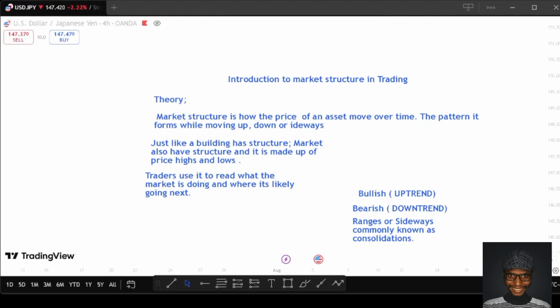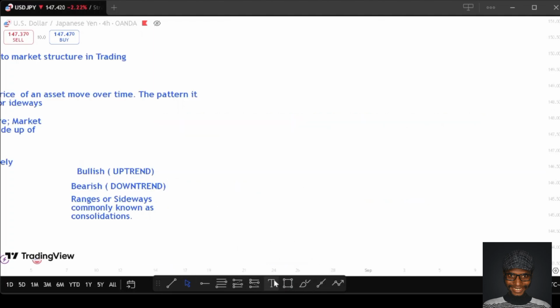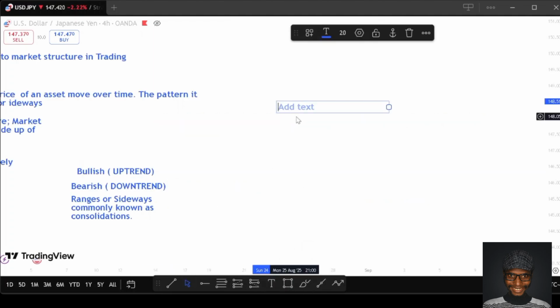The uptrend, downtrend, consolidation. Now let's briefly give hints on what each means. So we have the uptrend.